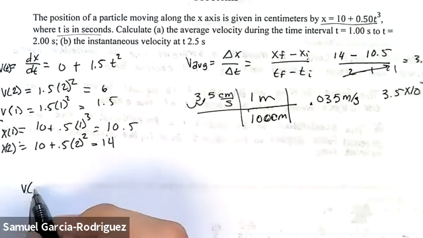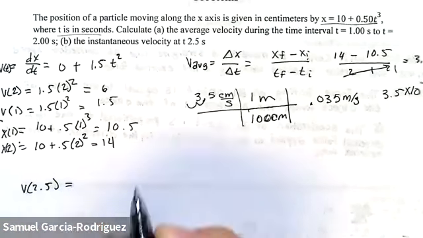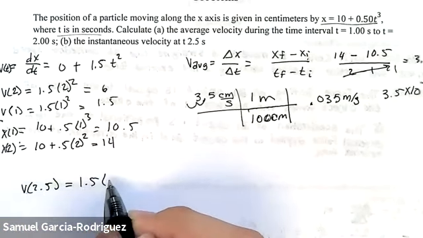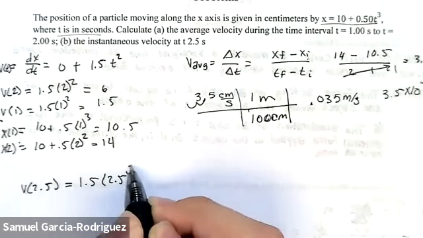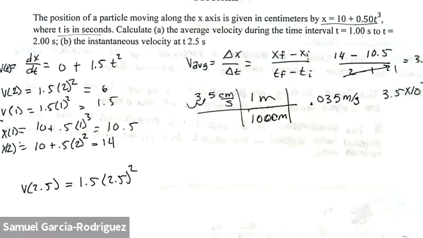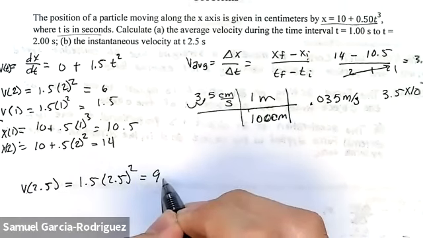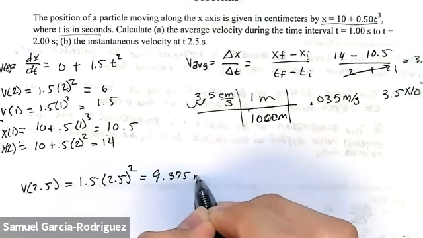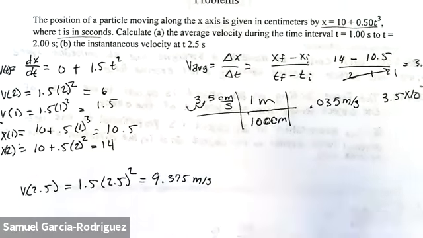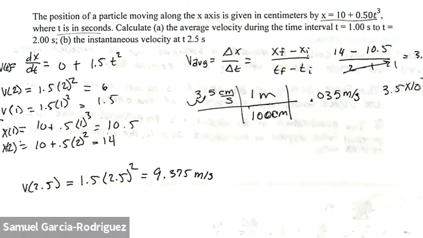So you get v of 2.5 is equivalent to 1.5 times 2.5 squared. That's going to be 9.375 meters per second. And that's how you solve that.